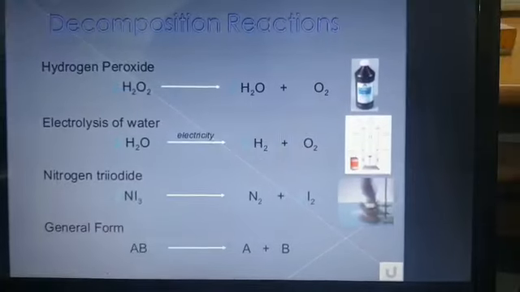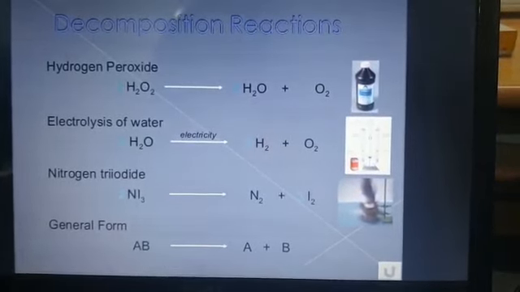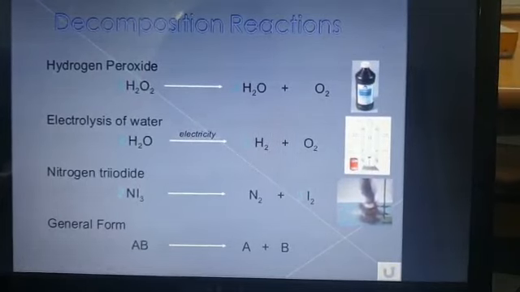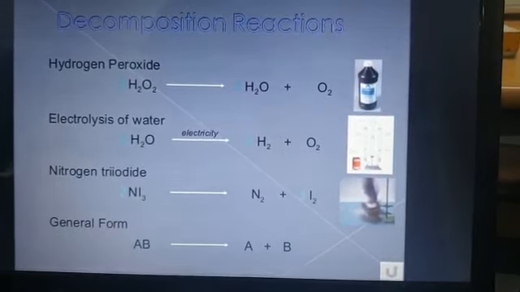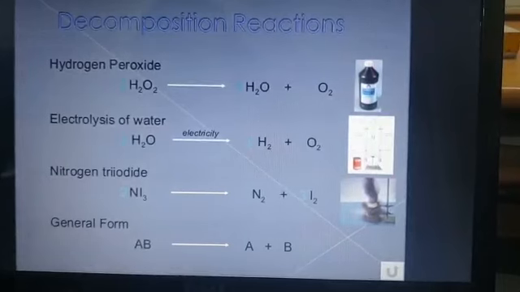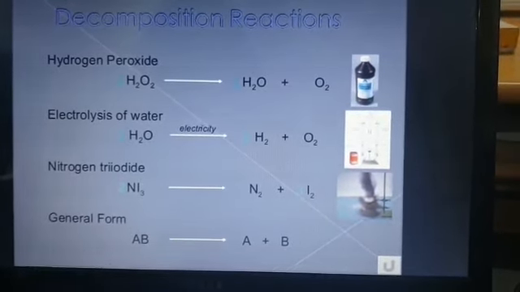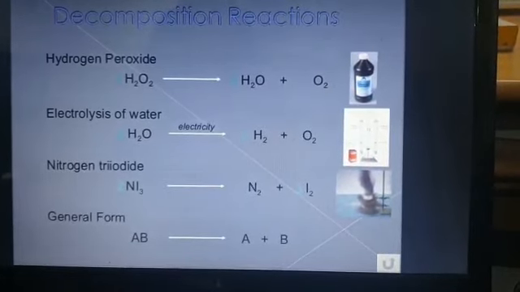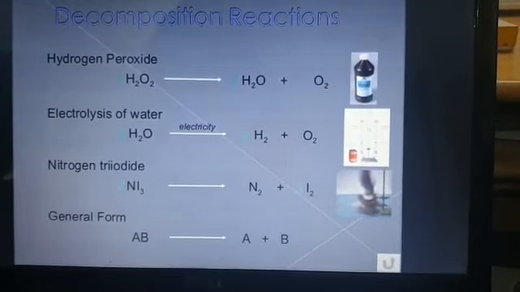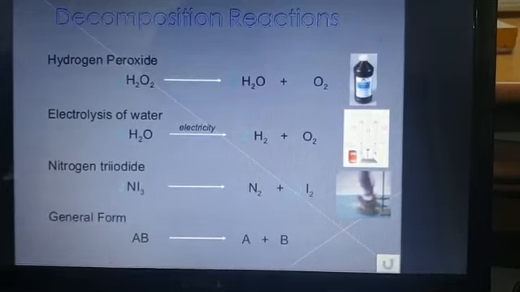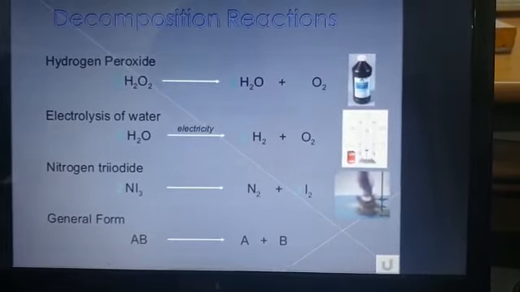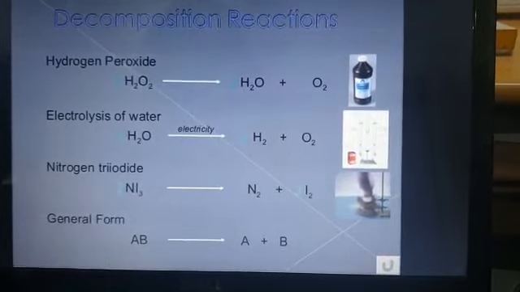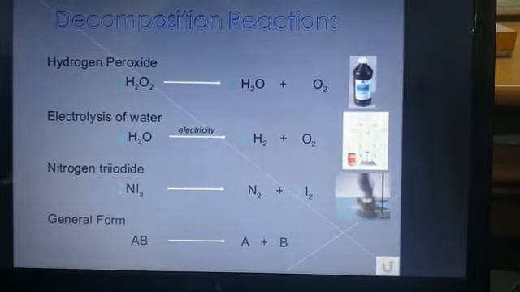See the examples of decomposition. First is hydrogen peroxide, H2O2, which decomposes to give H2O plus oxygen. This reaction takes place in the presence of light, so this is an example of photochemical or photolytic decomposition. Then water decomposes to give hydrogen plus oxygen. This decomposition requires electricity.